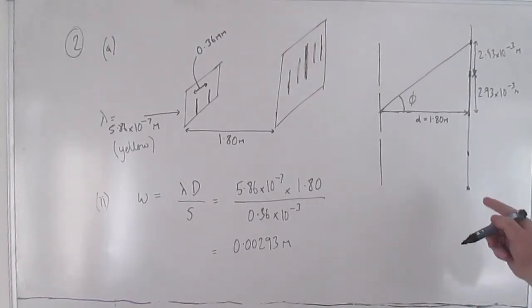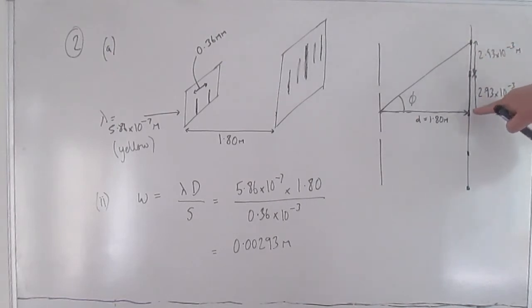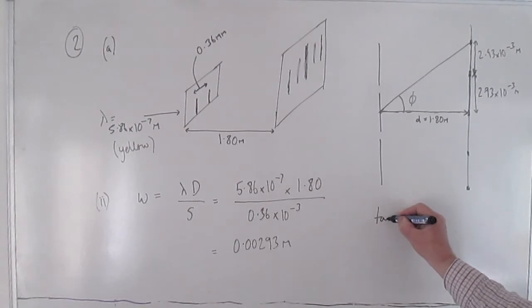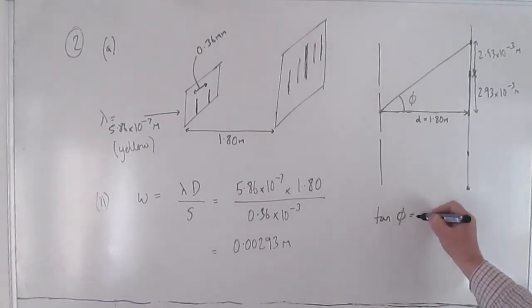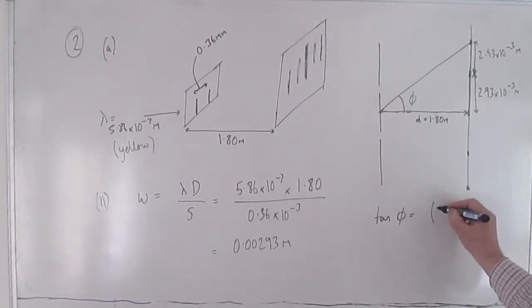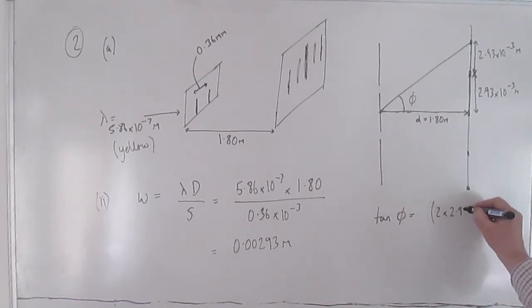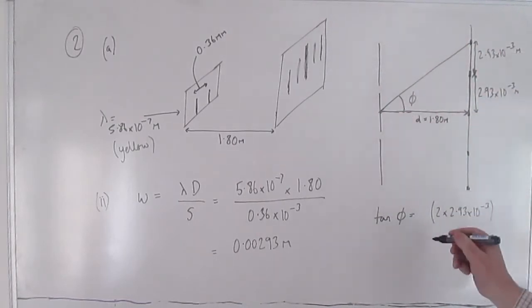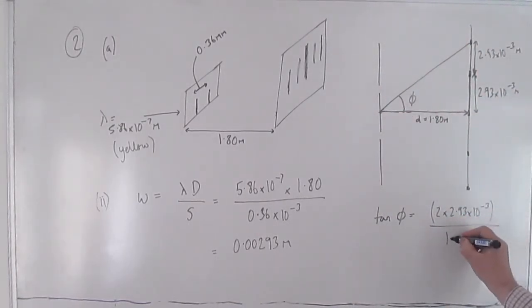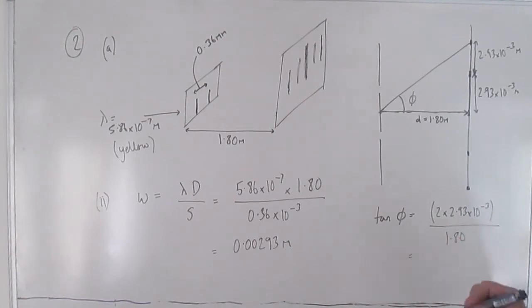Okay, and you can see how we can work it out, because if we know this distance and we know this distance and this is a right angle triangle, we can write down that the tangent of phi is equal to 2 times 2.93 times 10 to the minus 3, which is the opposite distance, divided by the adjacent distance, which is 1.80. So we can find that tangent, which gives us 0.187.